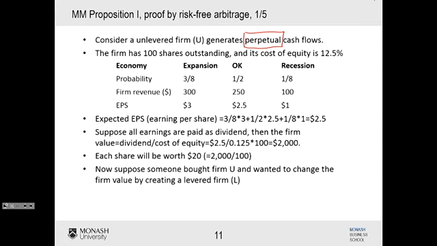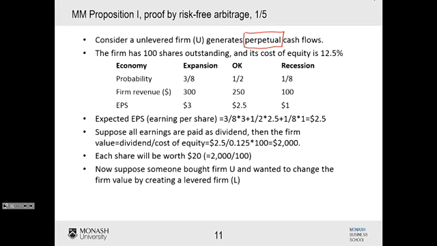And I can even assign the probabilities, all arbitrary here. Let's say 3/8 is the probability of expansion, a 50% chance of okay, and 1/8 probability of recession.